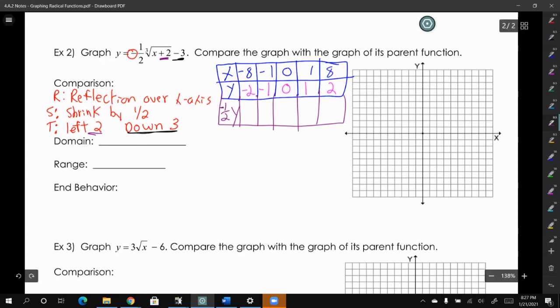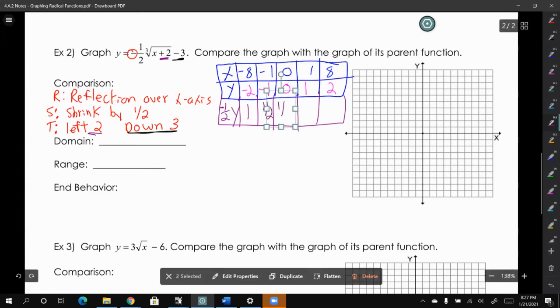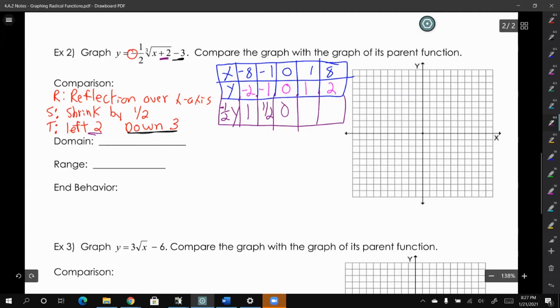So -2 times -1/2 is +1. -1 times -1/2 is +1/2. 0 times anything is a 0. +1 times -1/2 is -1/2, and 2 times -1/2 is -1. So now I'm going to plot those points.